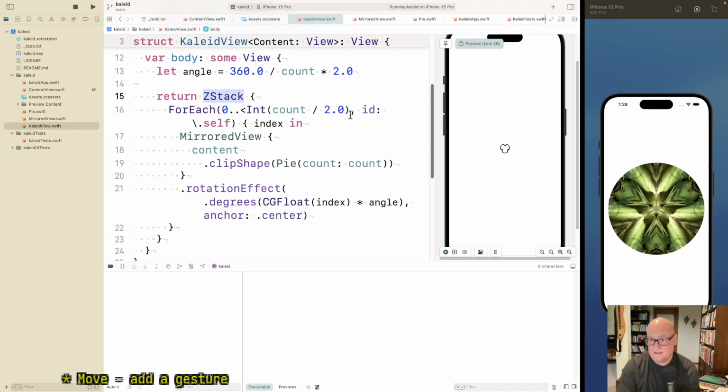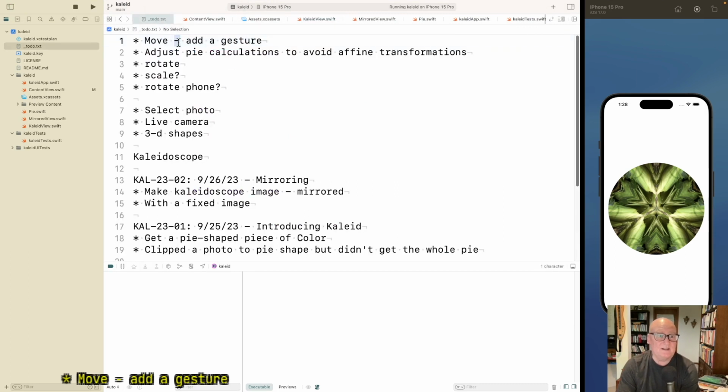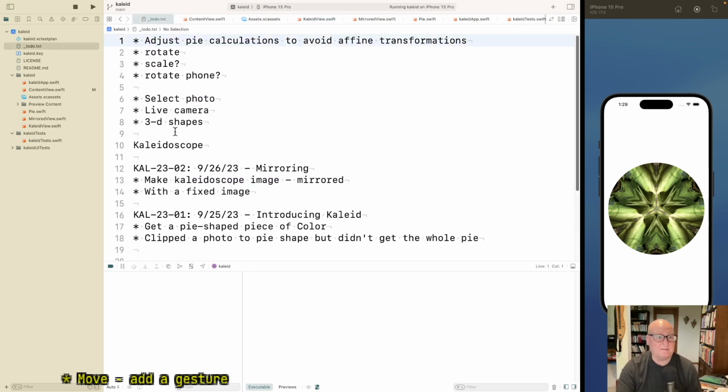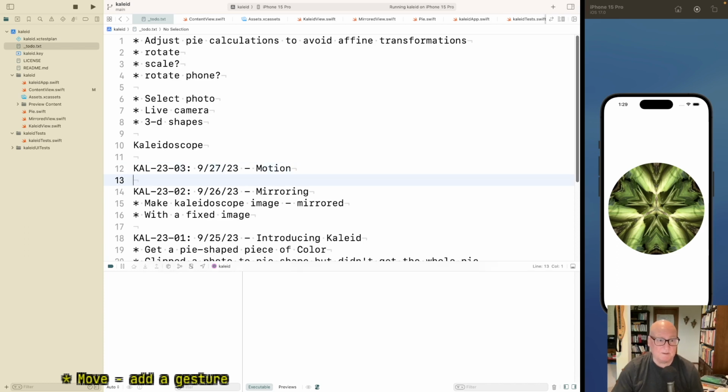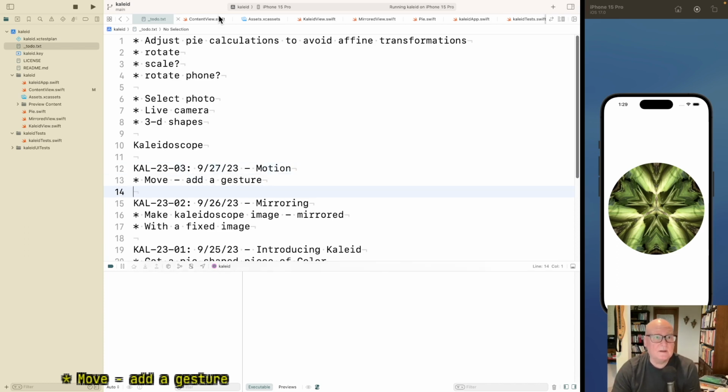I think we've done the drag gesture. I'll call this motion. Okay. And then I'll say add a drag gesture that relocates the point of interest.